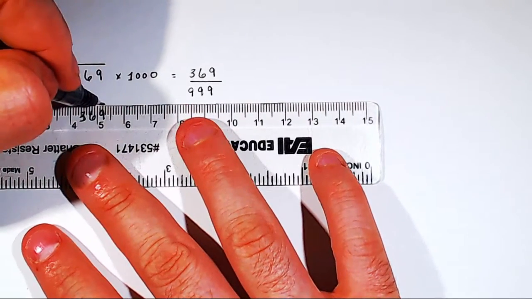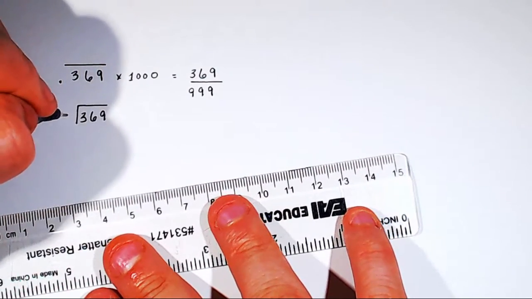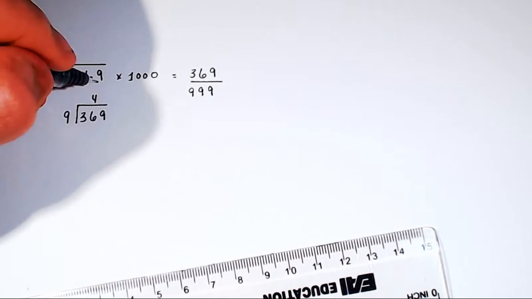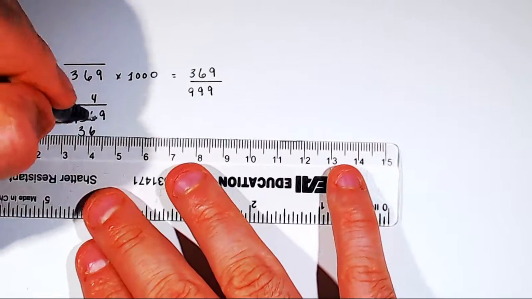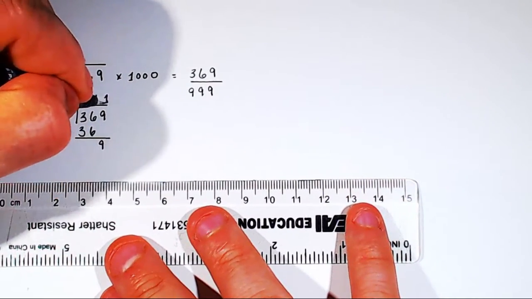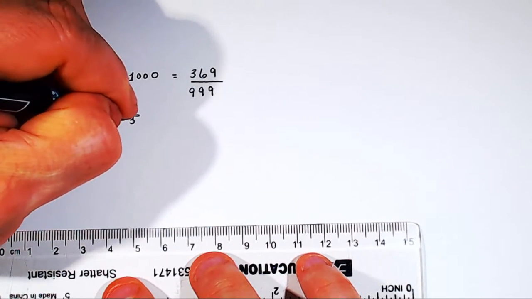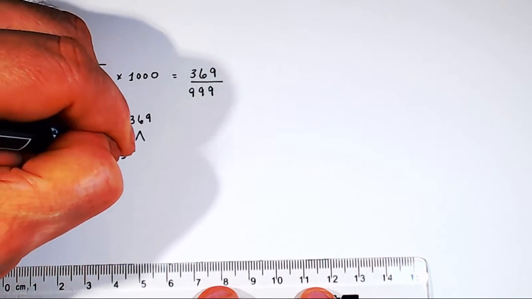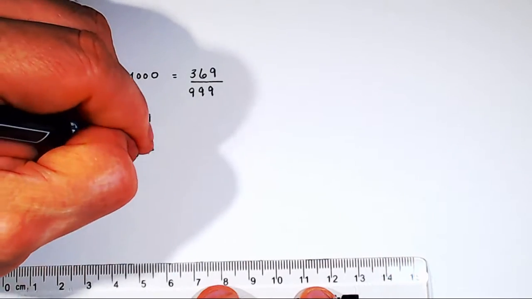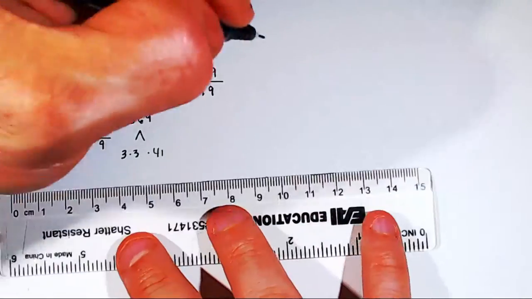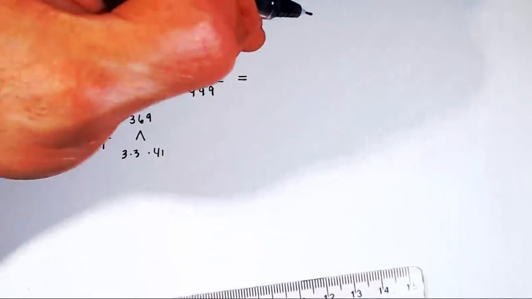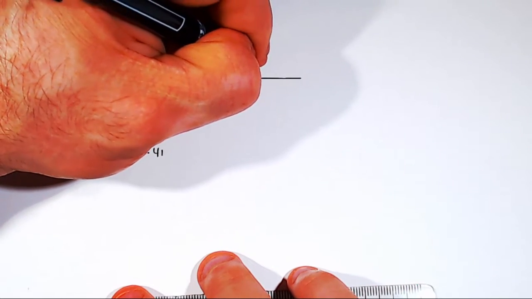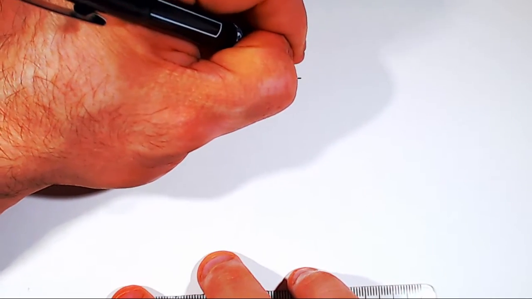369 can be divided by 9. Okay, 9 goes into 36 4 times, and it divides out cleanly. And 9 goes into 9 once. So 369 can be factored as 3 times 3, which is 9, times 41, which is prime. So this will equal 3 times 3 times 41.